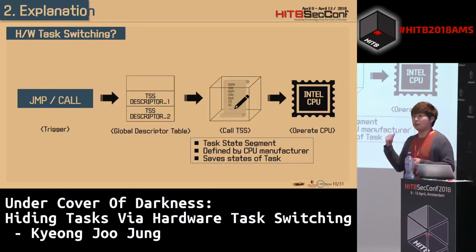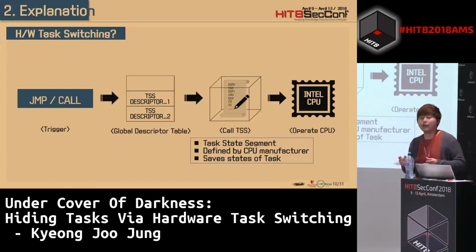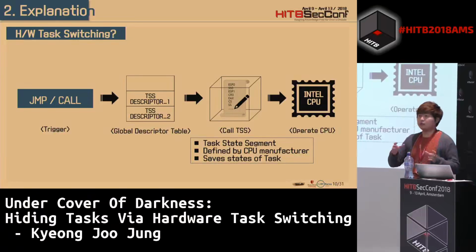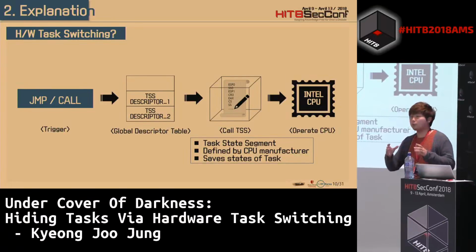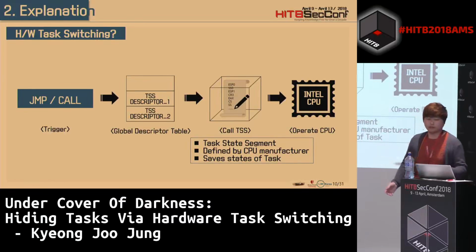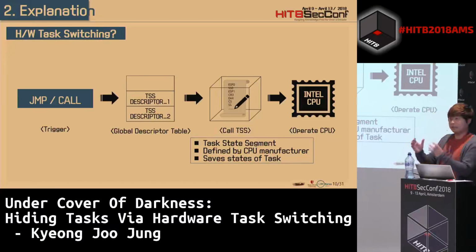It is defined by the CPU manufacturers, and it saves the states of the task. With this information, the CPU uses the TSS to operate the task. Each task has one TSS, no more or no less than that. One task should have one TSS.